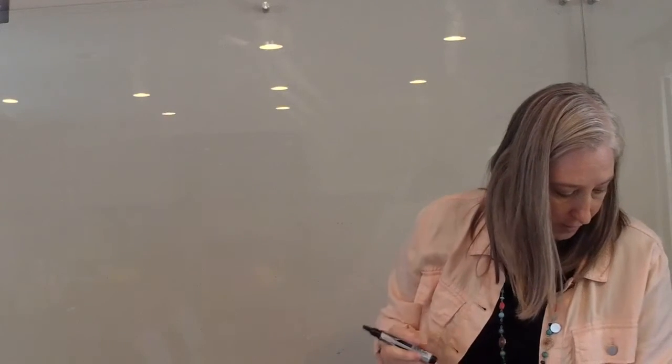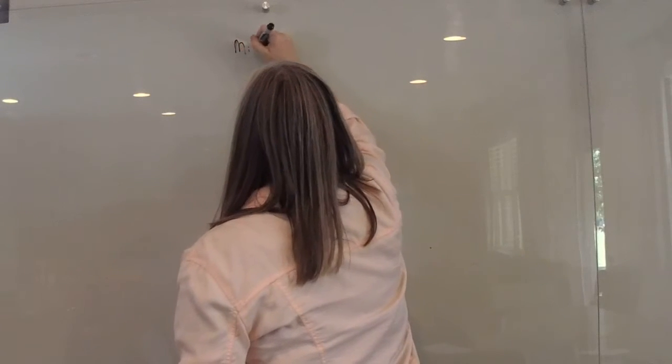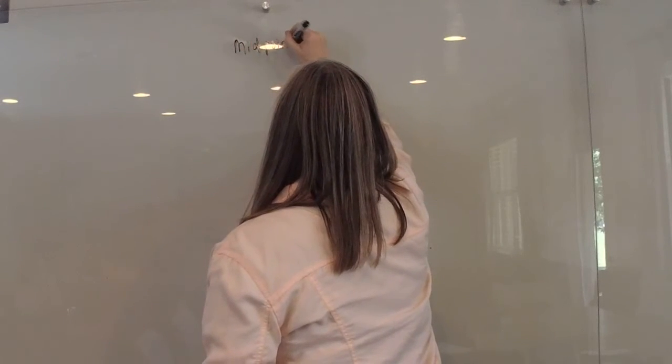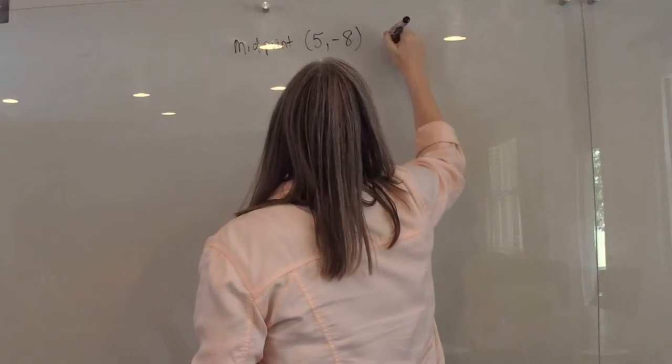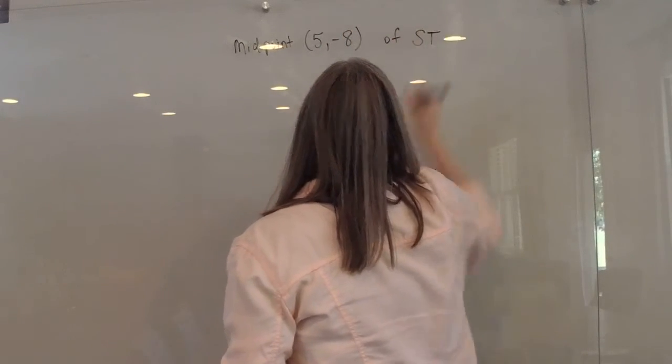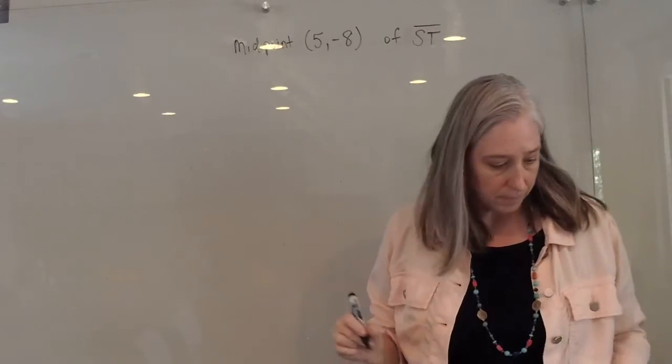So let me write down each of those. So the midpoint that was given has coordinates 5, negative 8. Okay, that's the midpoint of the line segment ST.